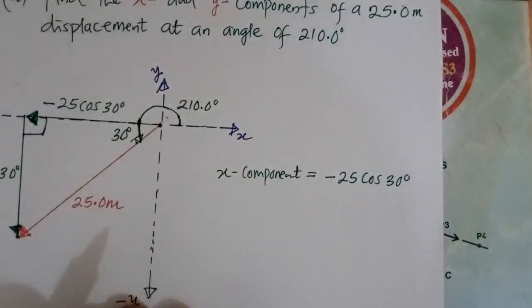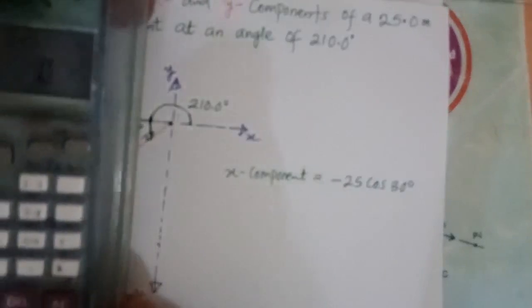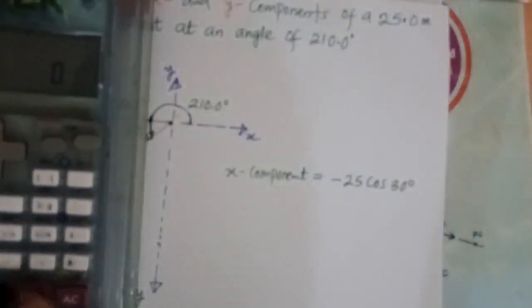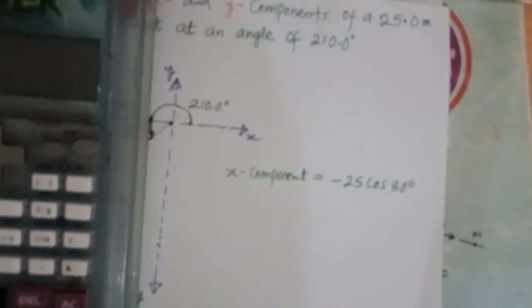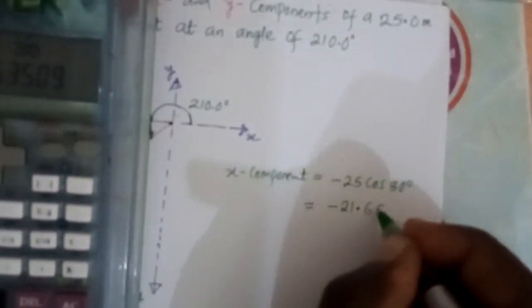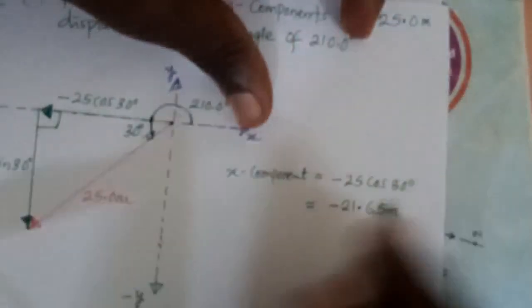So we bring our calculator again and say, okay, we have a negative 25 cos 30 degrees, and this will give us minus 21.65. Since it is a displacement here, the unit is given in meters, so we write the meter here.